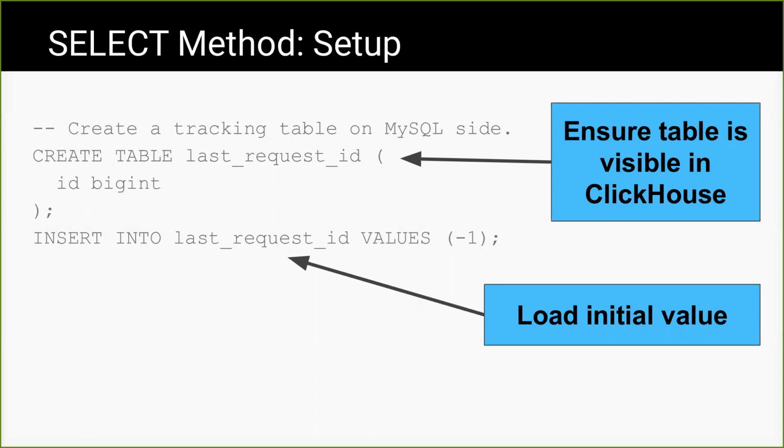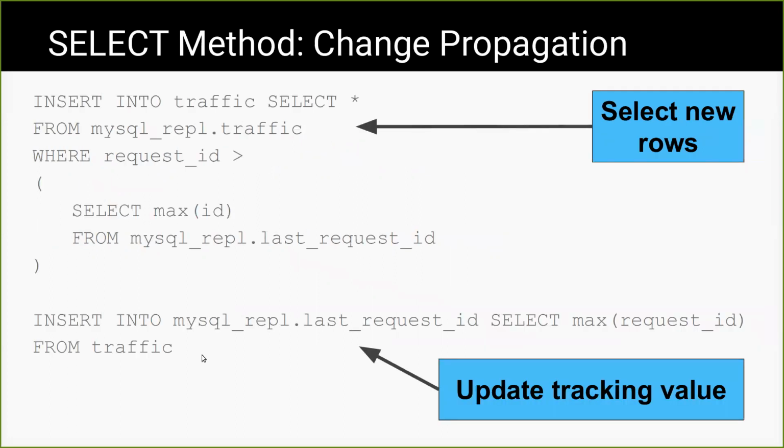So what we do is we create a table on the MySQL side, which has the last request ID. And then in this particular example, I'm just going to insert a value into it, which is -1. I can actually do the insertion from the ClickHouse side. It turns out we can insert. This is now going to allow us to track how much of that big table we've read. In this case, you just have a little script which executes 2 commands.